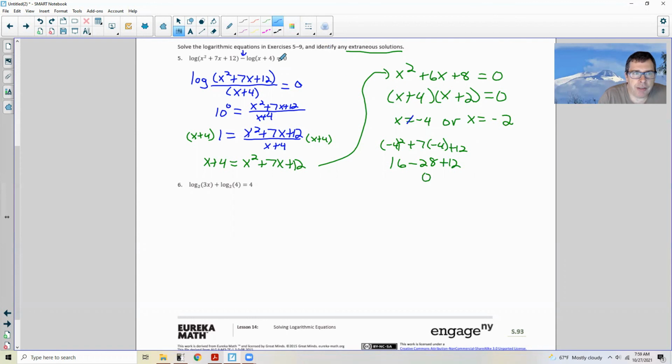So that would be negative 2 squared plus 7 times negative 2 plus 12. Negative 2 squared is 4, minus 14, plus 12. Okay, 4 minus 14 is negative 10, plus 12 is negative 2.